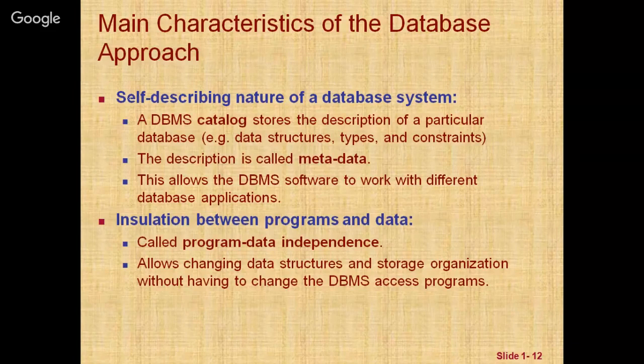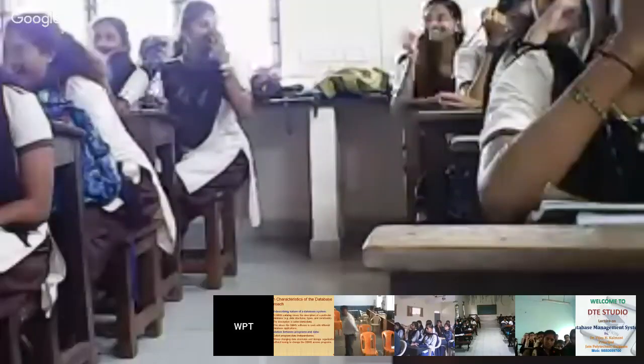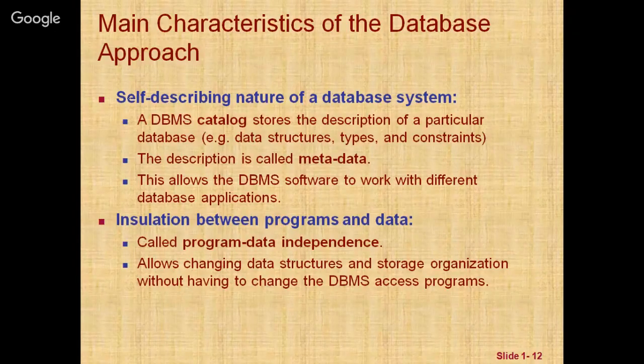So the DBMS catalog stores the description of a particular database, data structure, types, and constraints. Now this definition is stored in the DBMS catalog. The information stored in the catalog is called the metadata. The catalog is used by the DBMS software and also by the database users who need the information about the database structure. So this is the self-describing nature of a database system.